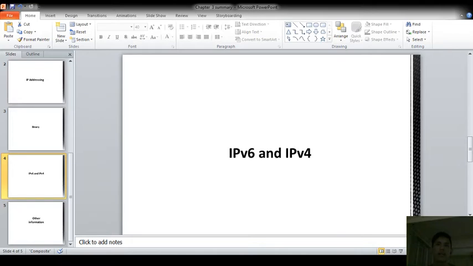IPv6 addresses are not case sensitive, which means they can be written in either uppercase or lowercase. Also, like IPv4, there are three types of IPv6 addresses: unicast, multicast, and anycast.